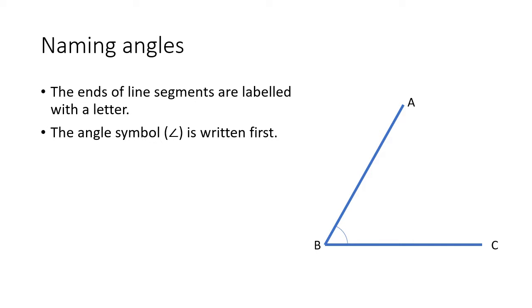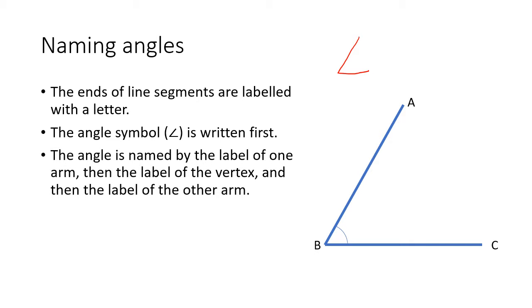Now when we're writing the angle, we write the angle symbol first. So the angle symbol is this thing that looks a little bit like an L, but it's a bit more leant over. So that's our angle symbol. Then we write the label of one arm, so I'm going to go with A first. Then we write the label of the vertex, and then we write the label of the other arm.